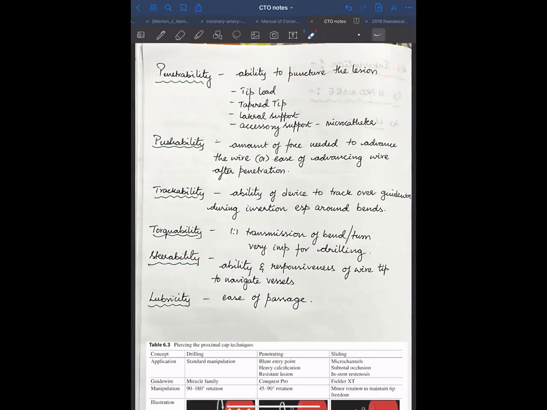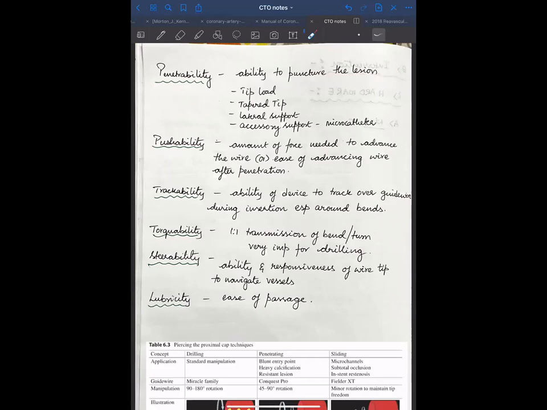If one uses any accessory support like a microcatheter, then the penetrability will increase. Pushability is the amount of force needed to advance the wire after penetration. After penetration, during loose tissue tracking, the pushability of the wire comes into play.